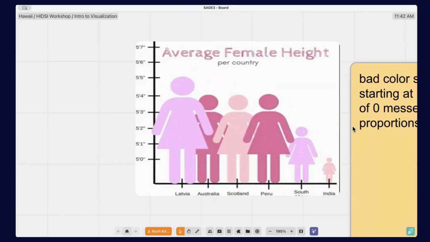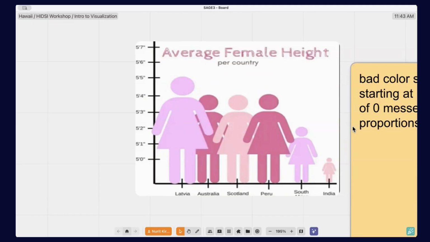So what is the thing that causes this to look so weird? It doesn't start at zero, right? So we have a very, very small difference of 5 inches between the smallest piece of data and the highest piece of data. And it kind of just starts at 5, which makes the whole thing look skewed.